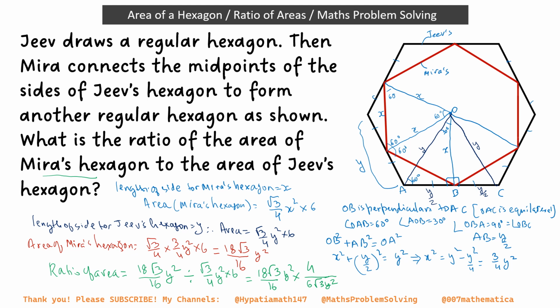Then I can cancel the y squares and the root 3, and 6 times 3 is 18, and 4 times 4 is 16. So I am left with the answer, which is 3 out of 4. So the ratio of the area is equal to 3 out of 4. And that is the answer.